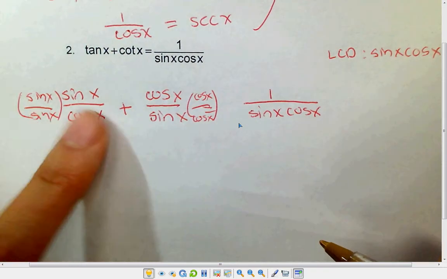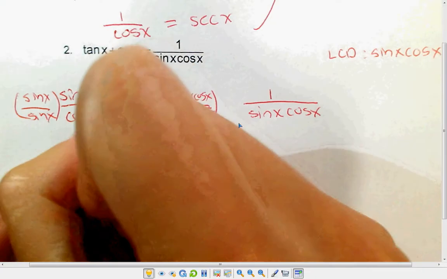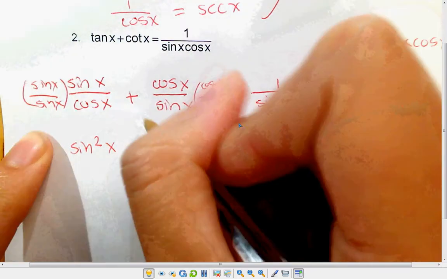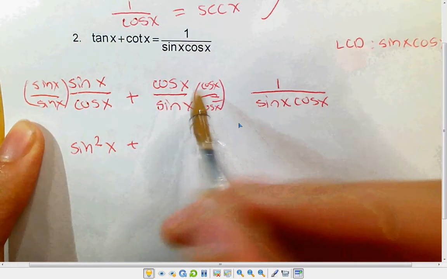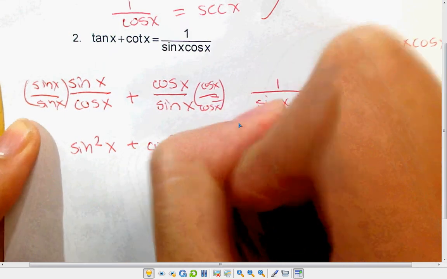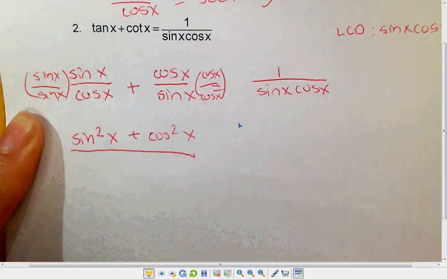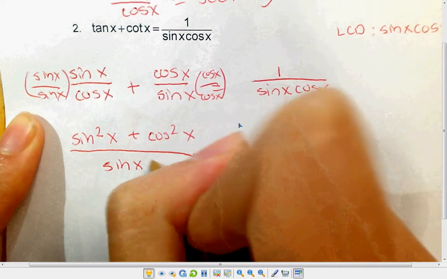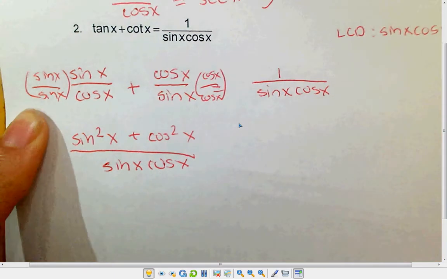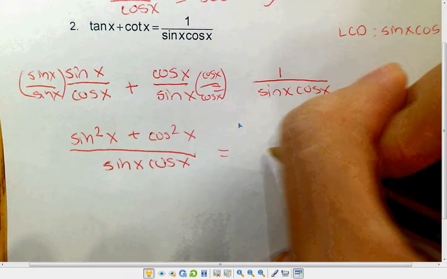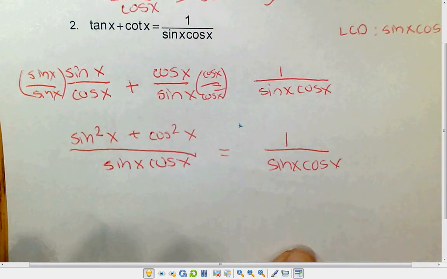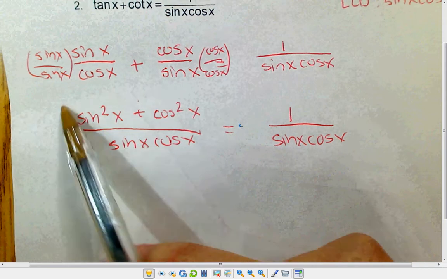And so when I multiply sine x times sine x, this gives me sine squared. Over here, cosine x times cosine x gives you cosine squared. And now your denominators are the same, so we're able to combine this into one fraction, which is sine x cosine x. And of course my right side stays the same. So my last step here, I'm trying to simplify this.